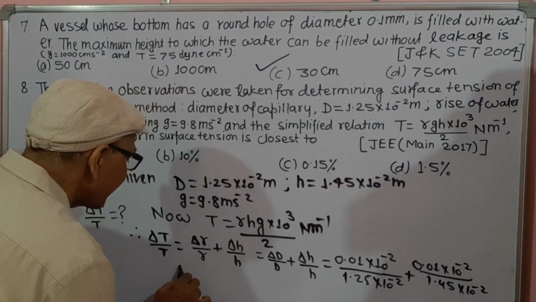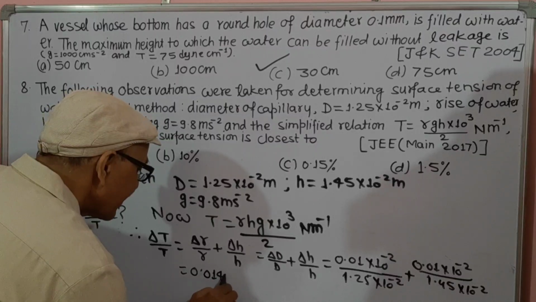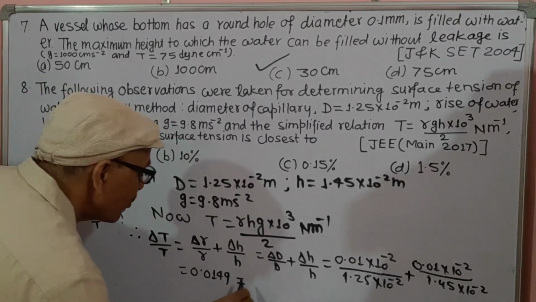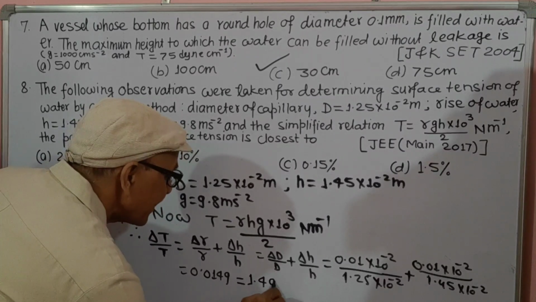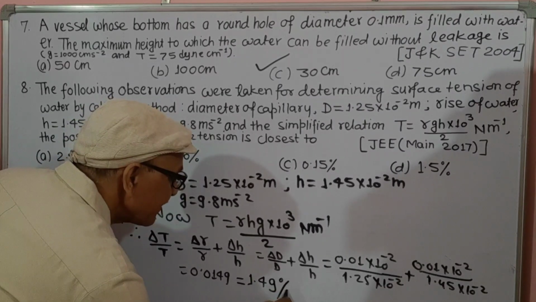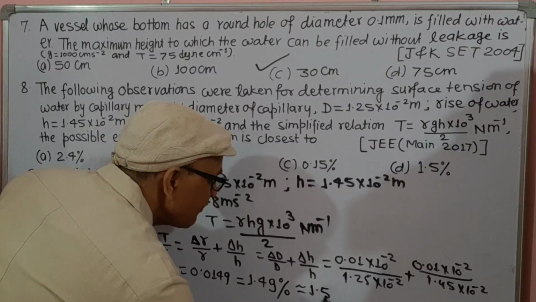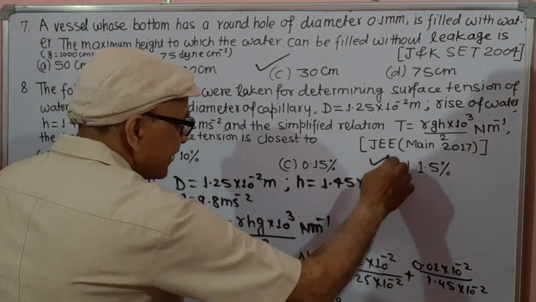On simplification, it gives 0.0149, which may be written as 1.49%, which is nearly equal to 1.5, and therefore the correct option will be D.